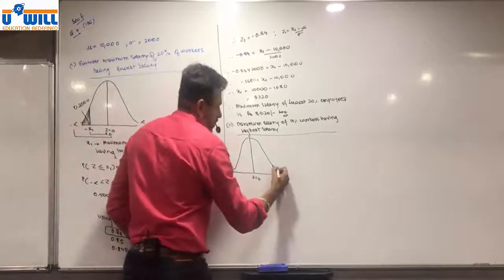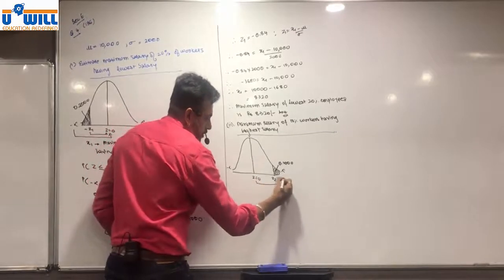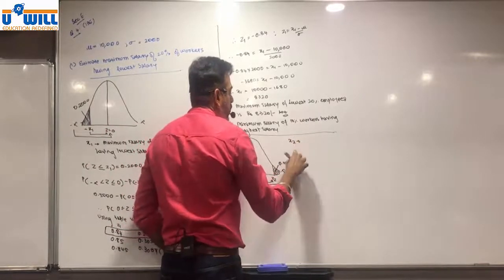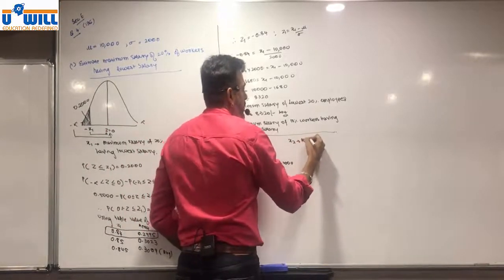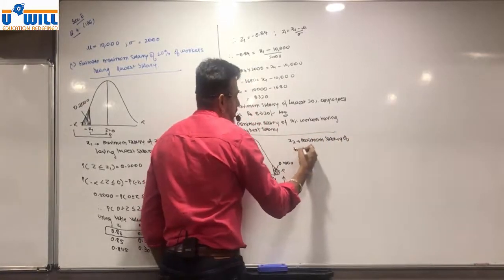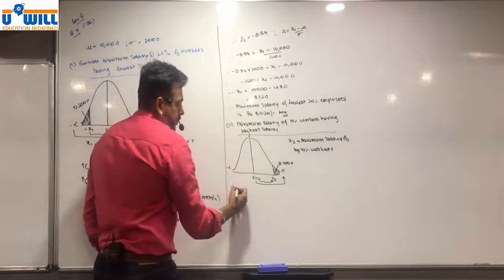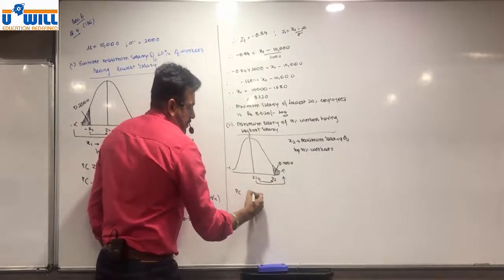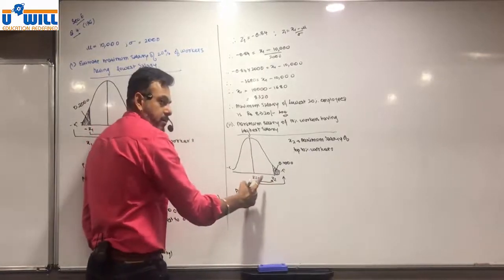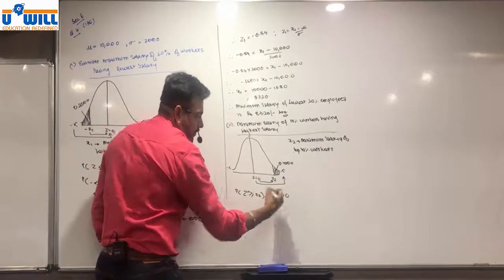So over here, this is 10%, so 0.1000. How we draw a graph? 0 to infinity minus 0 to Z2. Now you write over here, X2 denotes minimum salary of top 10% workers. Probability of Z greater than equal to Z2 is equal to 0.1000.